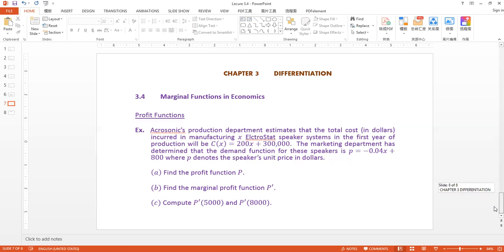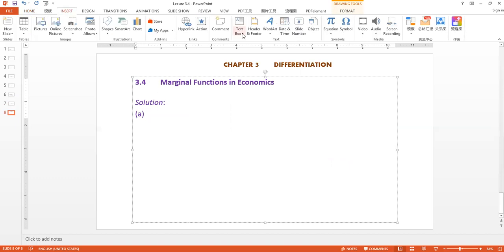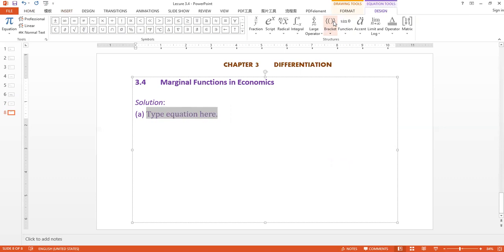So the profit function, we usually use P to denote it.